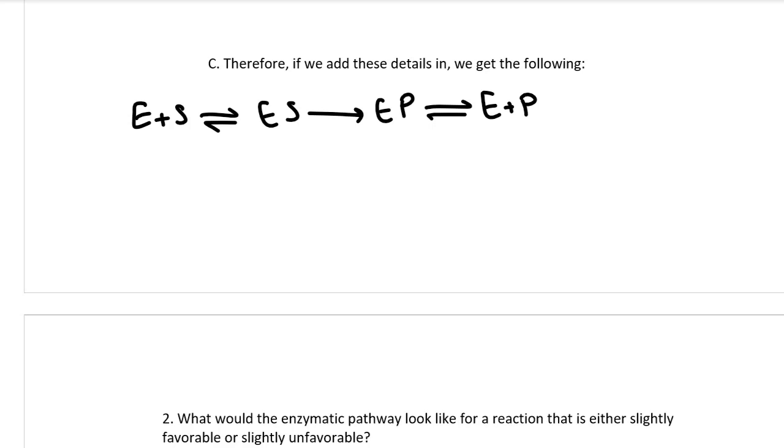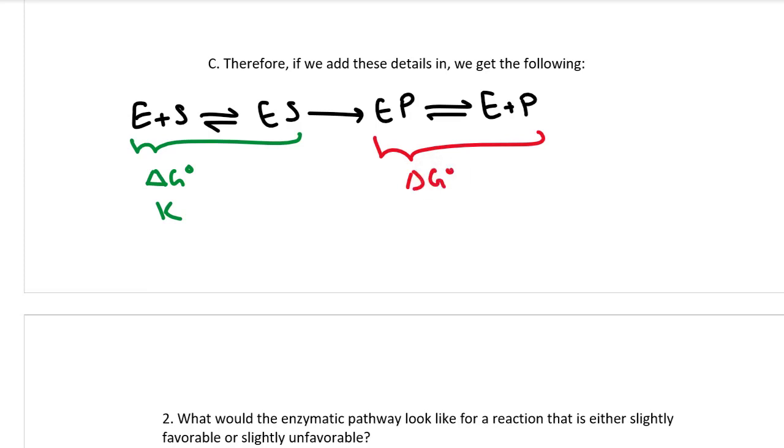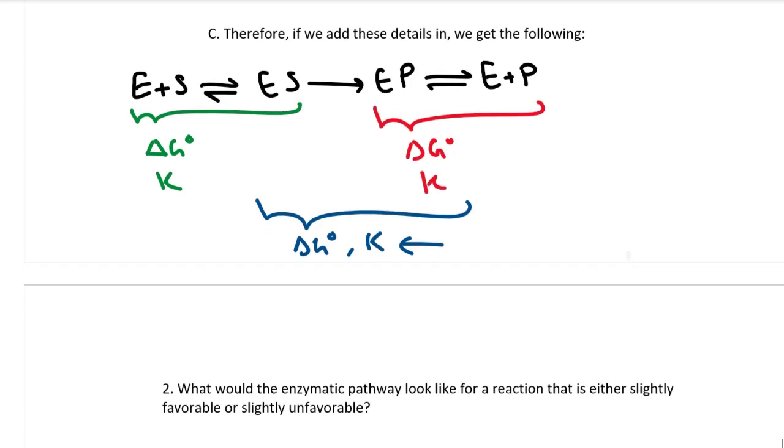So this part right here has a delta G standard and a K. This part right here has a delta G standard of its own and a K. The reaction has its own delta G standard and its own K. And this delta G and K is just the delta G standard of the reaction, the chemical transformation that we've been talking about so far.